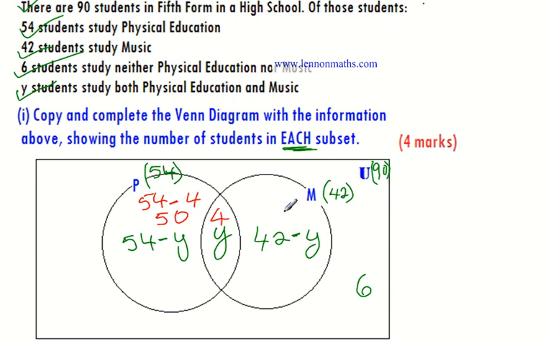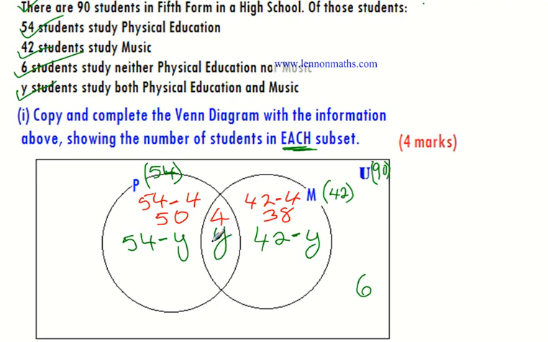This region means students who are doing music only. In other words, they're not doing physical education. Obviously, it would be the same 42 minus 4. So 42 in all, 4 of them doing physical education. That means we have 38 of them who are only doing music.